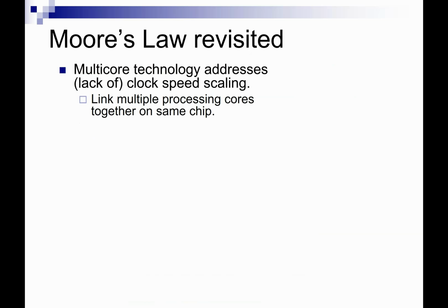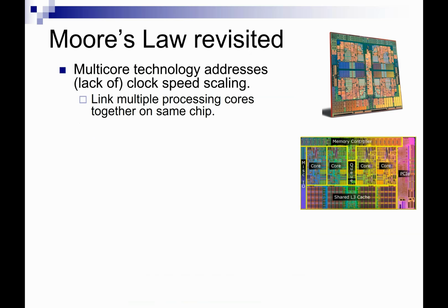The chips that we use nowadays come in several architectures. One of the predominant ones that you use, for example, in your laptop or your desktop is the multi-core computer. Instead of making a single core faster, we put multiple cores onto the same processor, and that way we can multiply our computational capabilities.